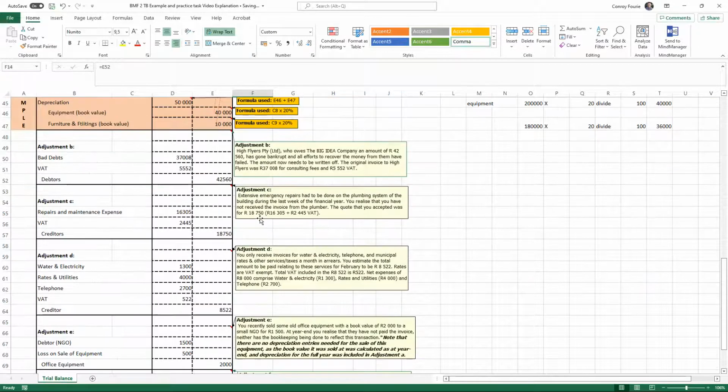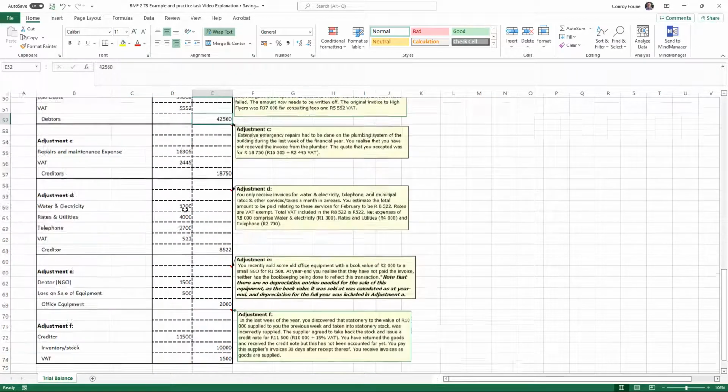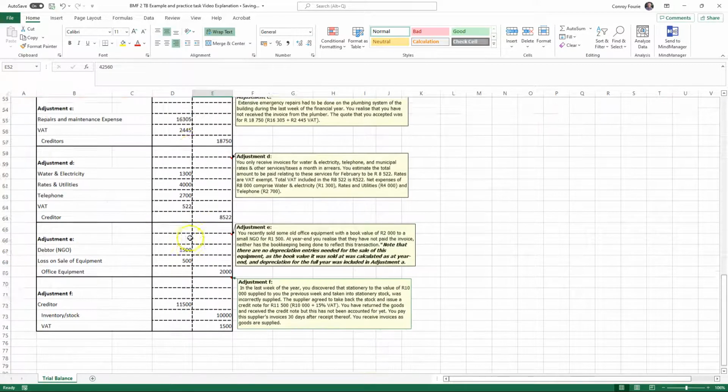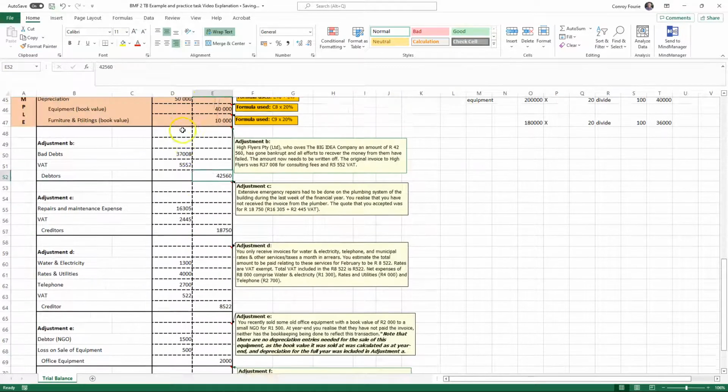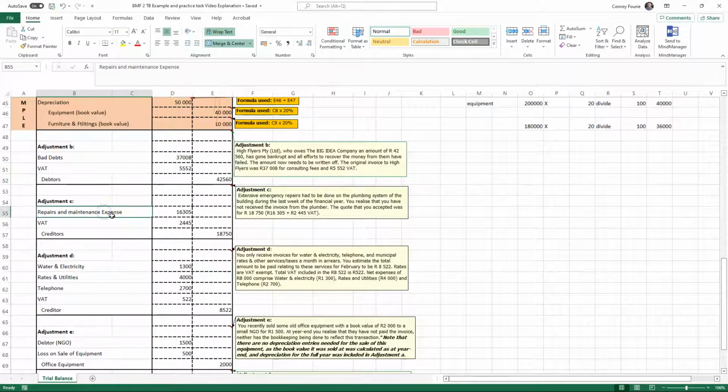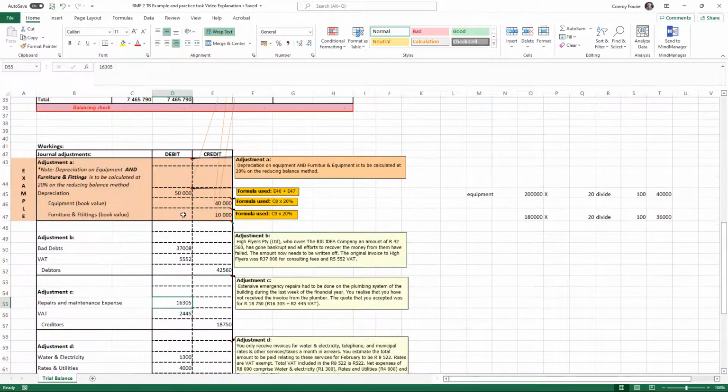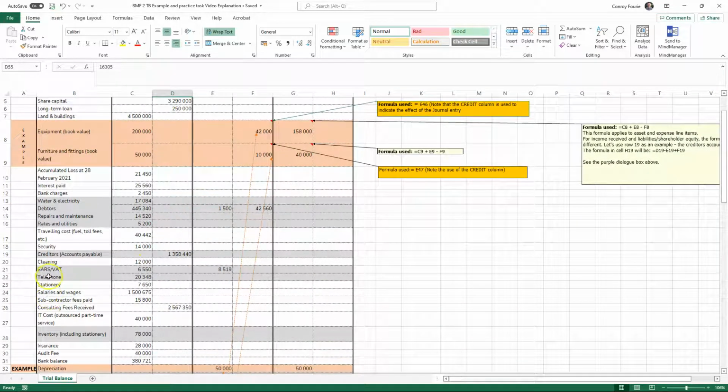So let's go down to the entries. We've dealt with the depreciation, we've dealt with that account. Now we need to deal with the repairs and maintenance expense, and there was only one of those, so that is D55, repairs and maintenance.